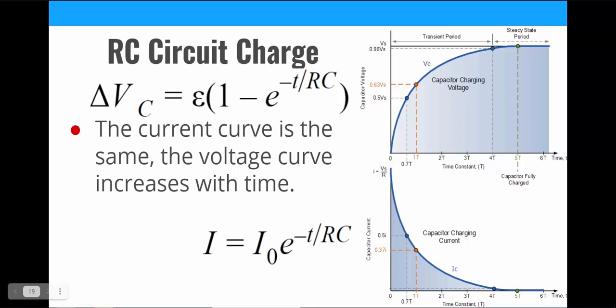But if you have 0, that's your initial voltage on the capacitor, right? So at first, this thing is basically 1. And so as this thing gets bigger and bigger, this thing will eventually decay to 0. Right? So once this is 0, this will be 1 minus 0, which is just a voltage. That's simple. Make sense?